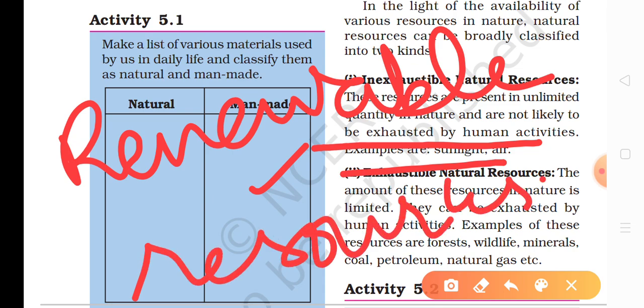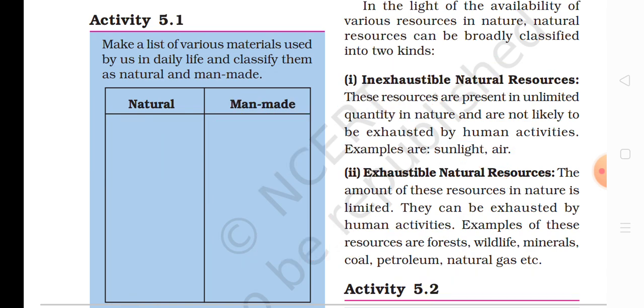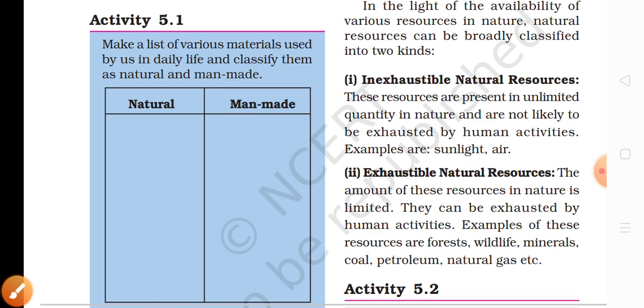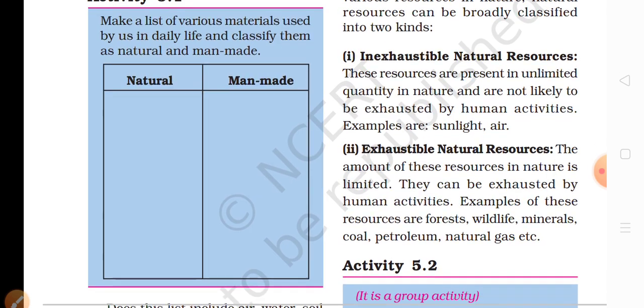So we can say that renewable resources are those natural resources that are present in unlimited quantity in nature. They can renew themselves if they are used sustainably. So these resources are not likely to be exhausted or depleted by human activities, as they are present in unlimited quantity.